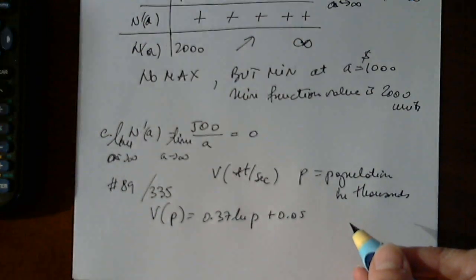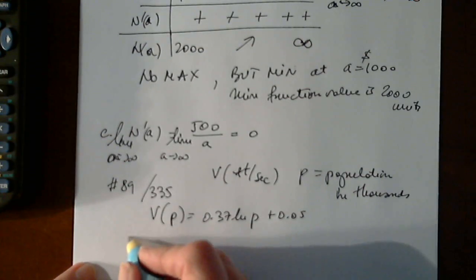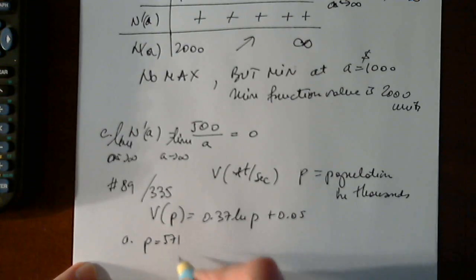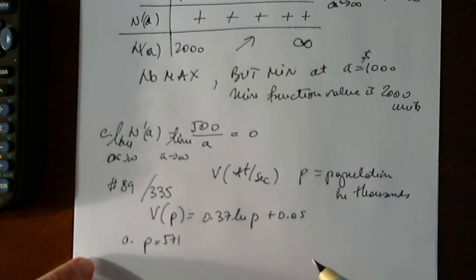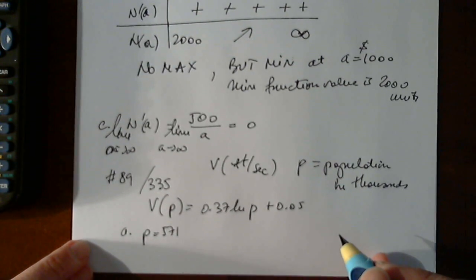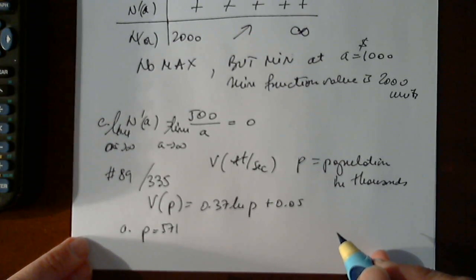Part A, the population of Seattle is p equals 571 in thousands. What is the average walking speed of a person living in Seattle?